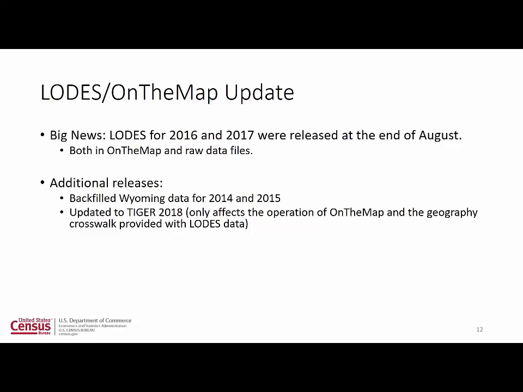So that's what we have done with this latest release, update to Tiger 2018 to get the most recent political and legal boundaries as the Census Bureau knows them. If the Census Bureau doesn't know about them, for example, a recent change in the boundary of a city, then that will come later when one of the geography divisions' processes picks that up and puts it into Tiger.